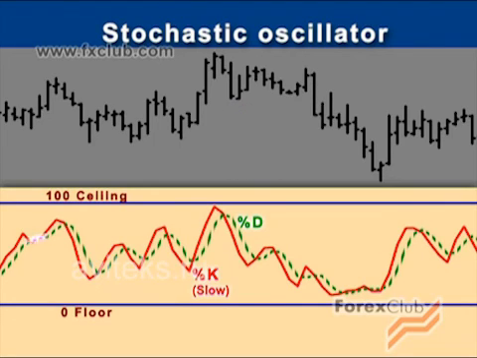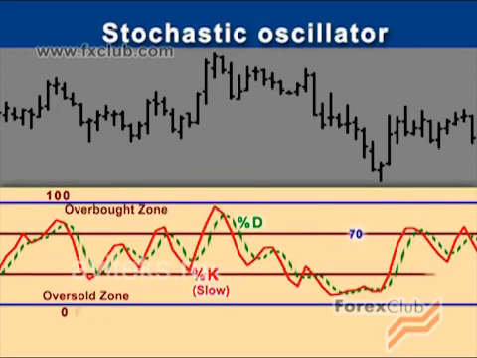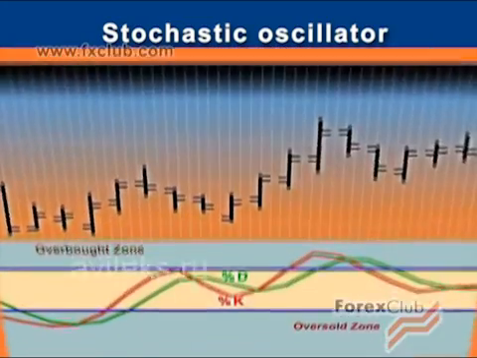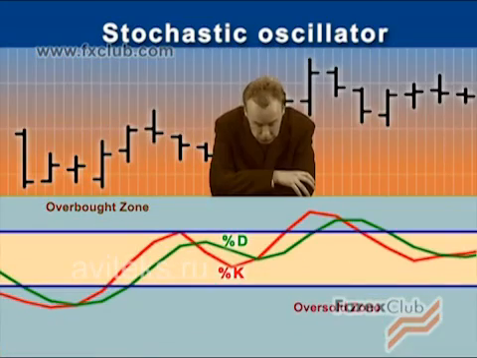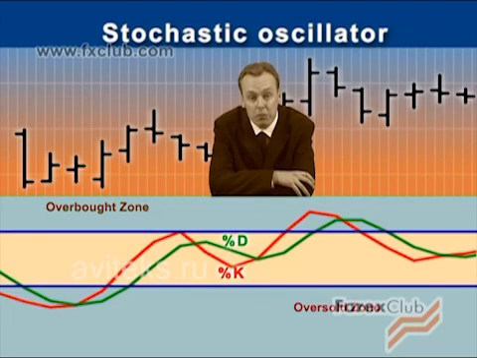The K and D curves fluctuate between 0 and 100 on the vertical scale. The overbought and oversold zone should be set with signal lines drawn at 30 and 70. And how does this oscillator generate trading signals? At first sight, in the same way as the previous indicator, RSI.